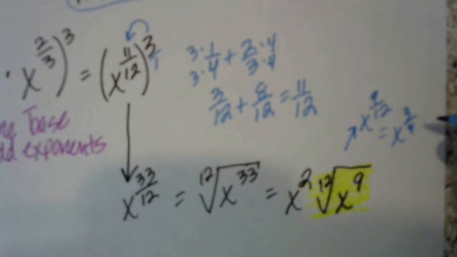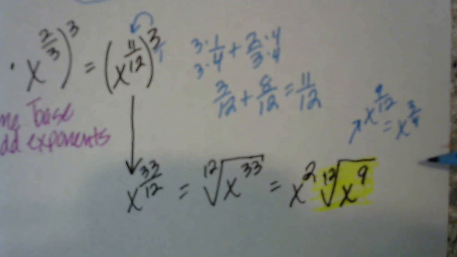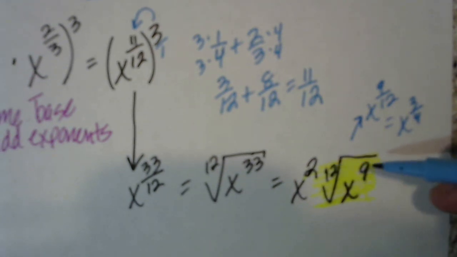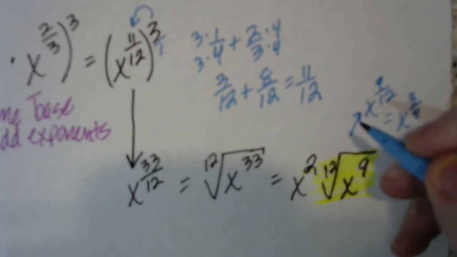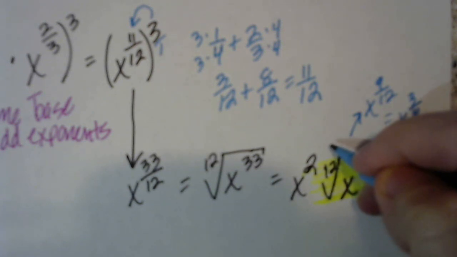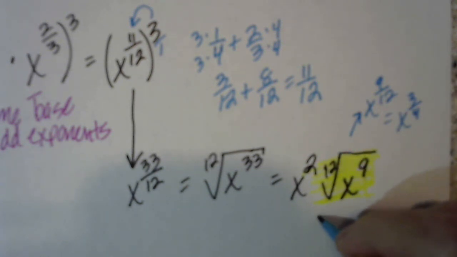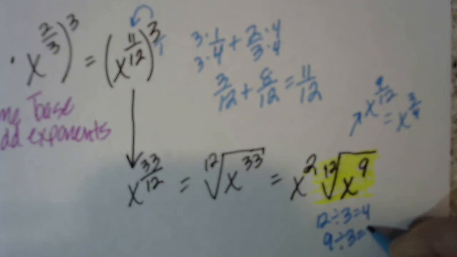You can reduce radicals just like you can reduce fractions, different kinds of radicals, if both of these numbers are divisible by the same number. Both of these numbers are divisible by 3. So 12 divided by 3 is 4, 9 divided by 3 is 3.